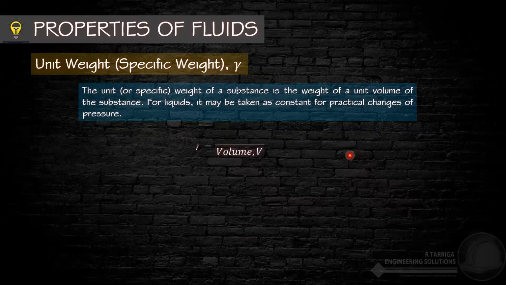So the formula to that would be the ratio of the weight over volume. You may also calculate the unit weight by using this formula, rho times g, where g is the acceleration due to gravity. Again, the unit to that is kilonewton per cubic meter or newton per cubic meter.